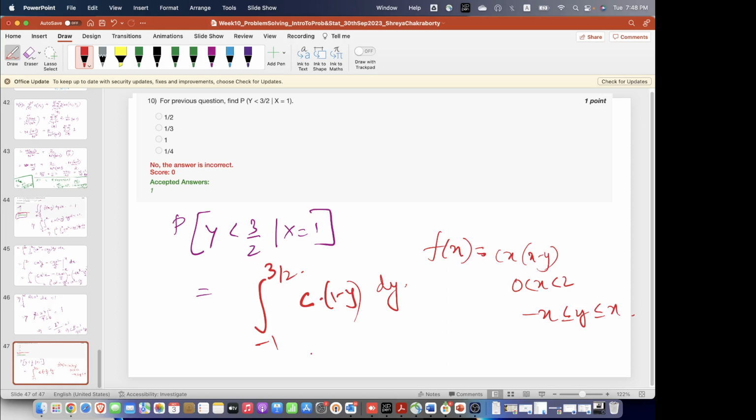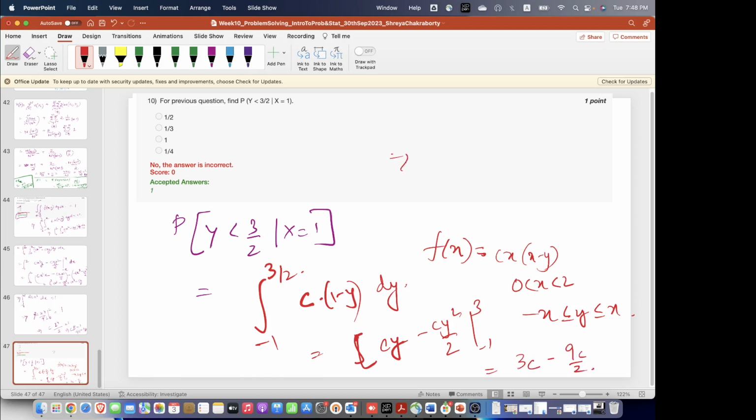Okay, so then this would be cy minus cy square by 2, from minus 1 to 3. So this would be 3c minus 9c by 2.